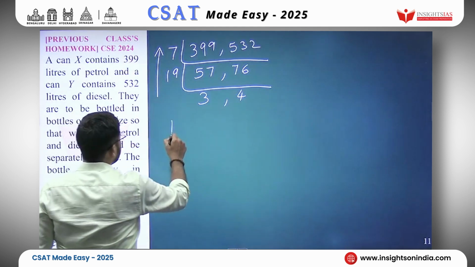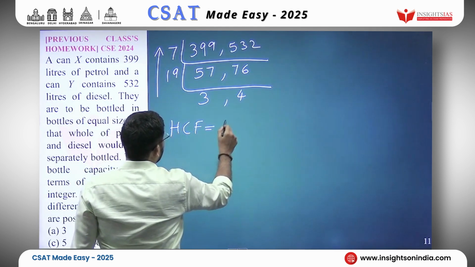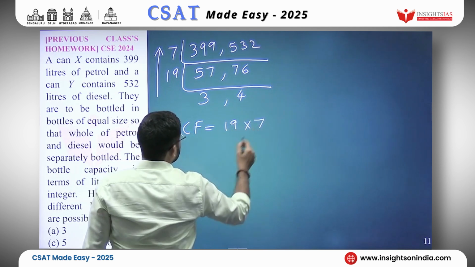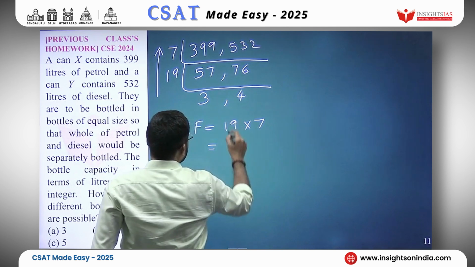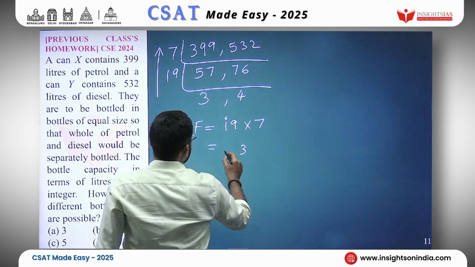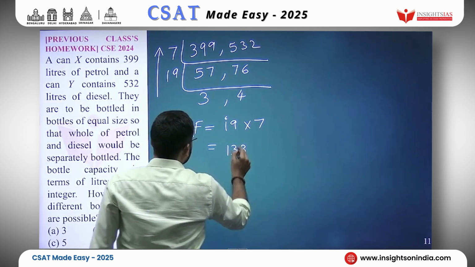So what is our HCF? Our HCF would be 19 into 7, and that would be 133.